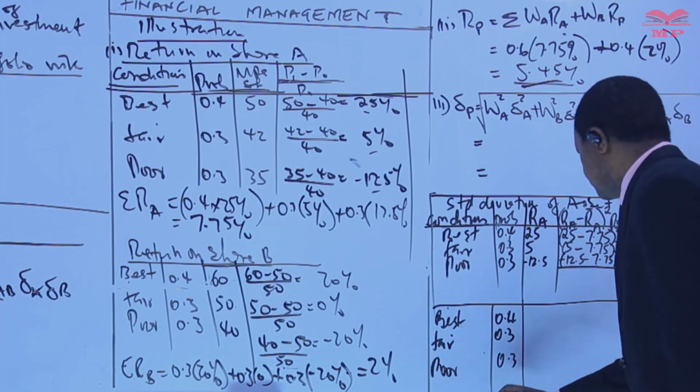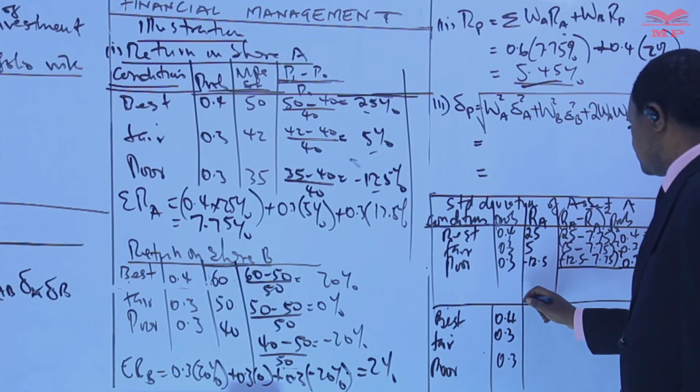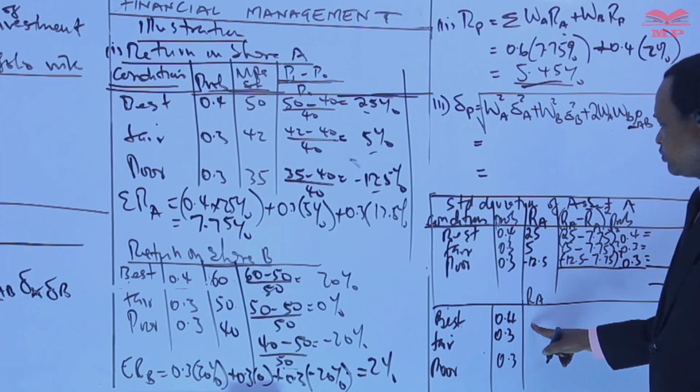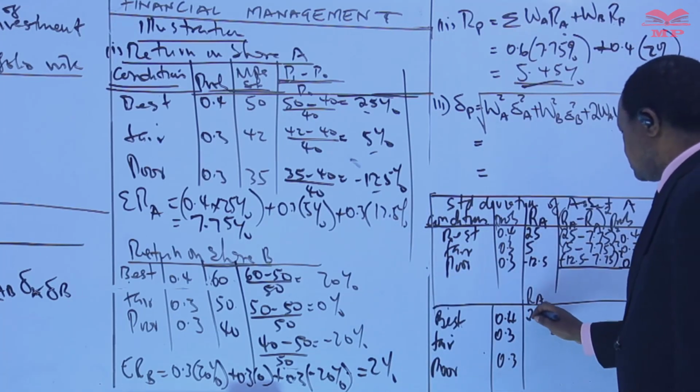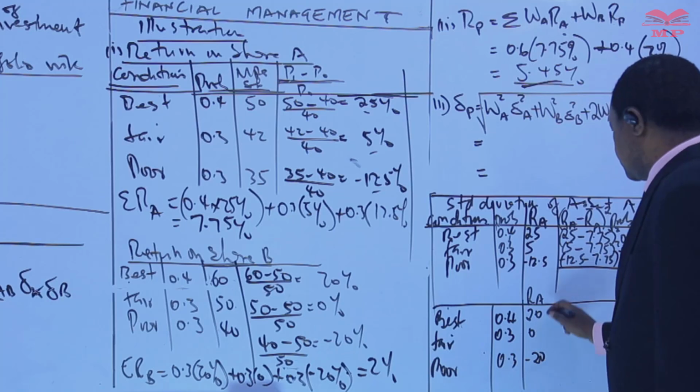Returns for asset B, when at best 20%, 0%, negative 20%.